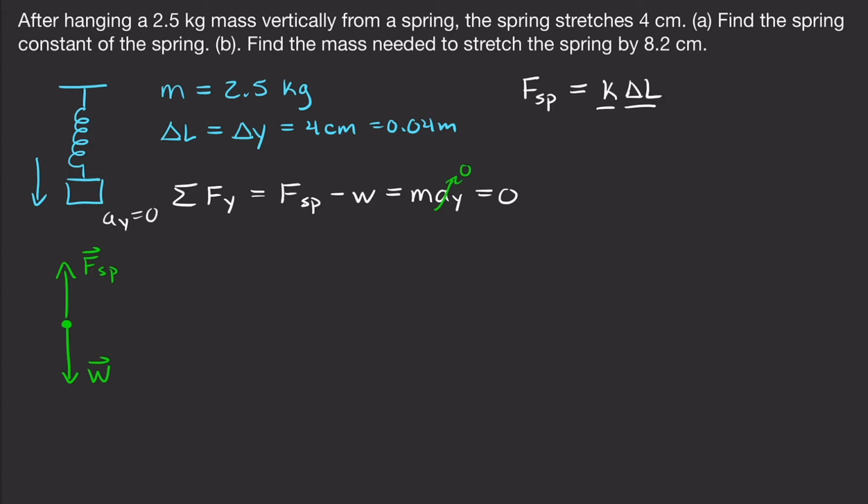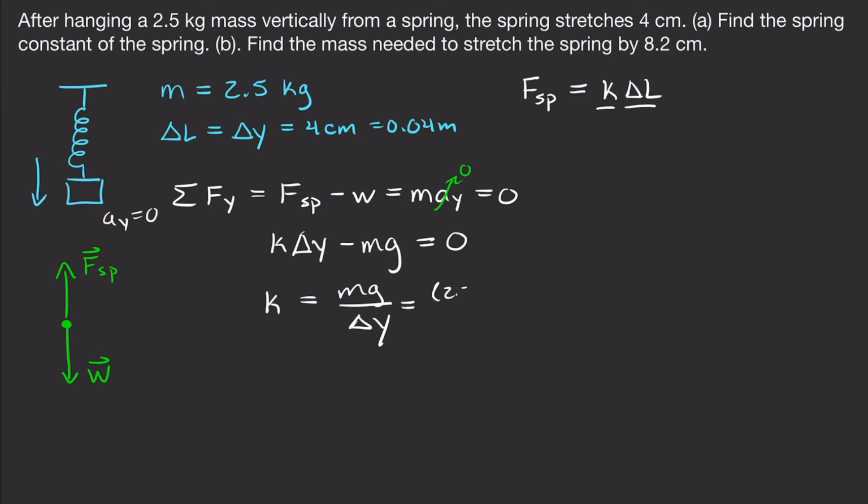Then I can substitute in for my spring force. So F spring is just k delta L, or delta Y in this case. And then the weight is given by mg, and that's all equal to 0. So now I can solve for k by moving mg over, by adding, and then I'll divide by my Y displacement.